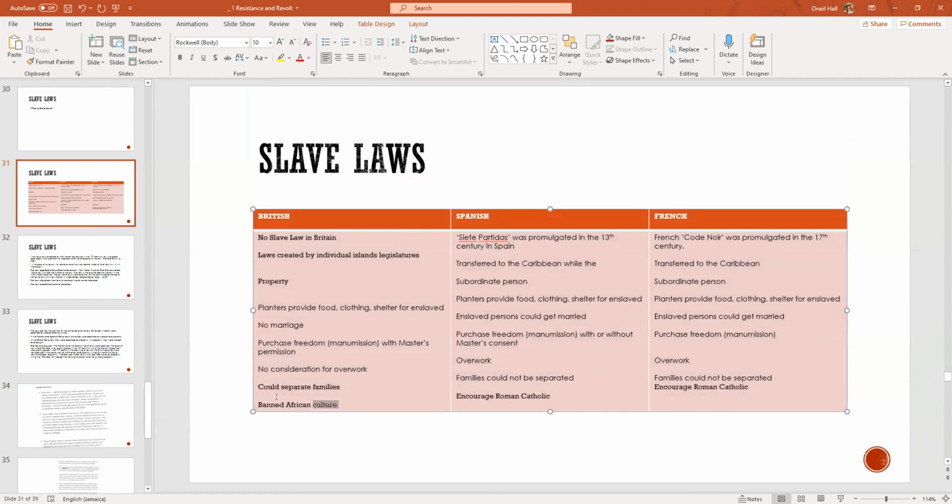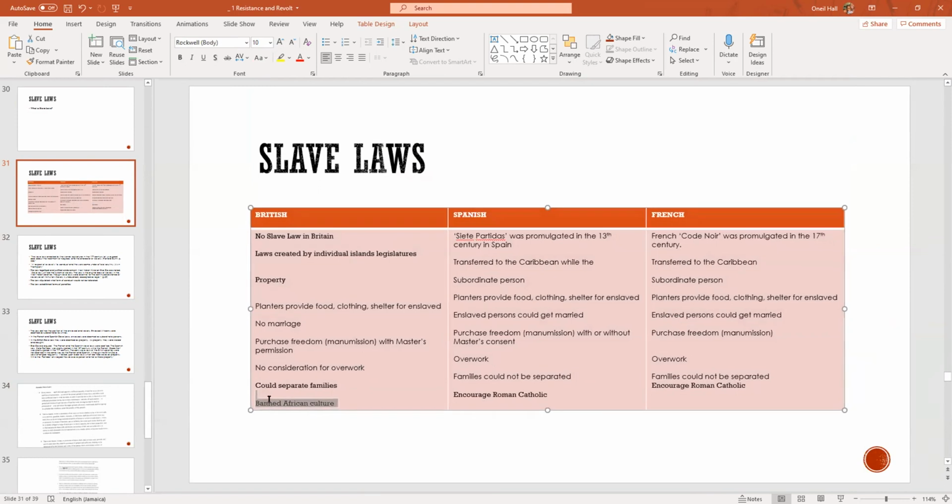So not only the British banned African culture, but also the Spanish and also the French.